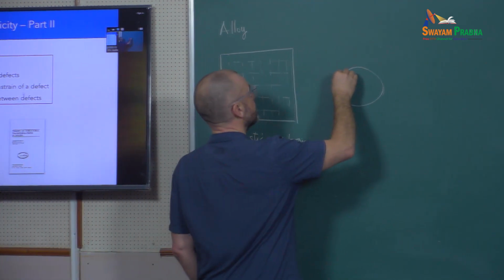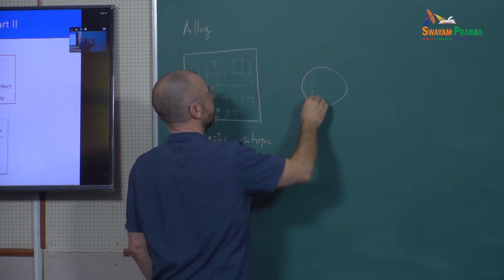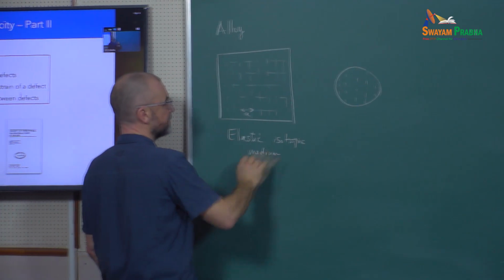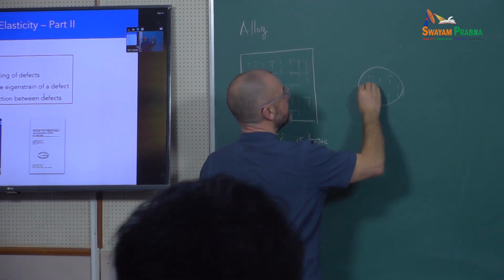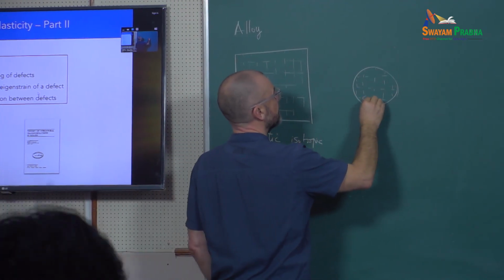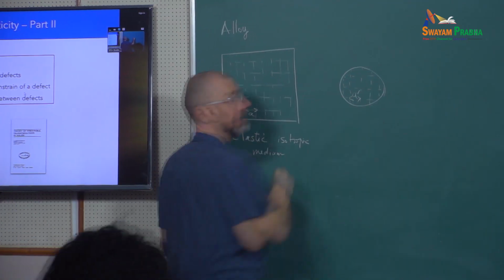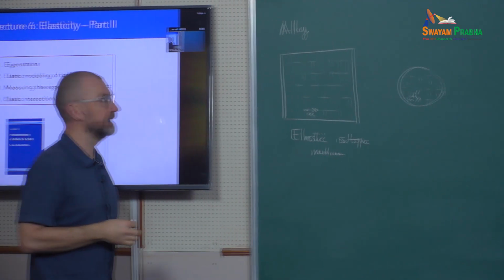So here I have a second phase, and in that phase, again, I'm going to assume that this is an elastic isotropic medium, but that behind this elastic medium, there's a crystal with a lattice parameter A prime, right?